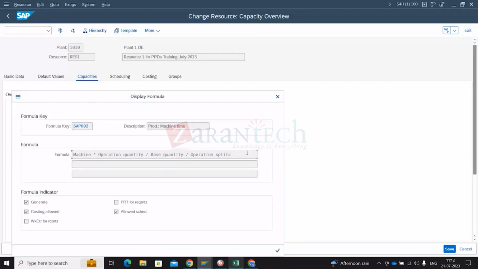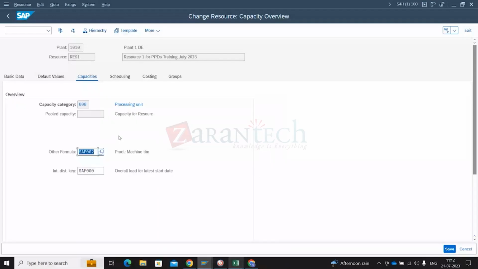Very rarely do we need to modify it. What it says is: consider the machine capacity multiplied by total operation quantity, divided by base quantity, divided by the number of operations that you are going to perform in parallel. So it comes up with a total duration required to produce. How is it? Let's close it and test it.